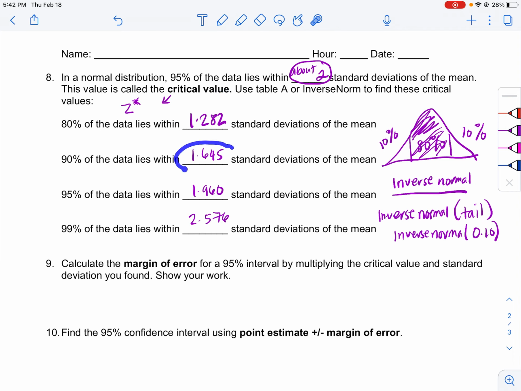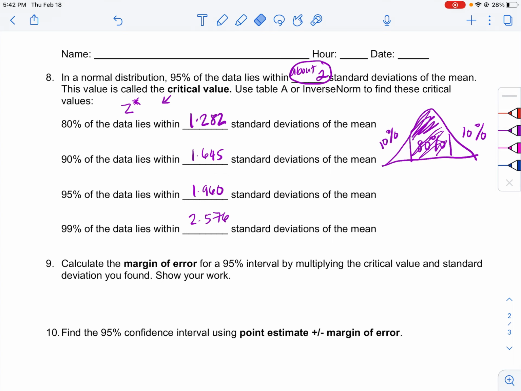So if I want to get the critical value of the 90% using a calculator, I would have to go, let me erase this. I would have to go 90%. 90% is here. So I have left over 5% in there, 5% in there.